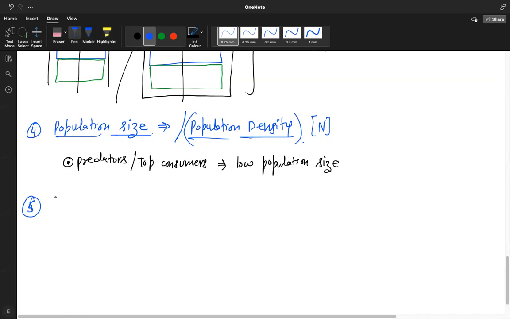Okay. So similarly, in case of very big organisms, instead of just the number or the density, we also look for one more parameter or attribute of population, which is known as the biomass. Biomass, or we call it the percent cover in terms of plants. So what is the coverage, percent coverage of that organism?